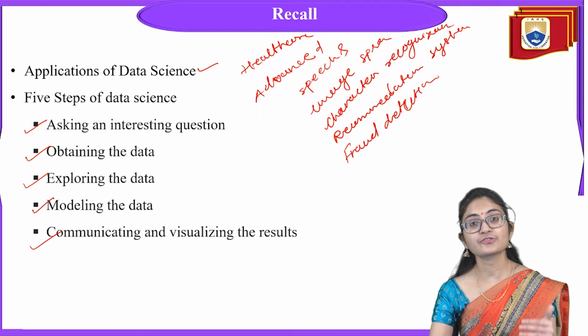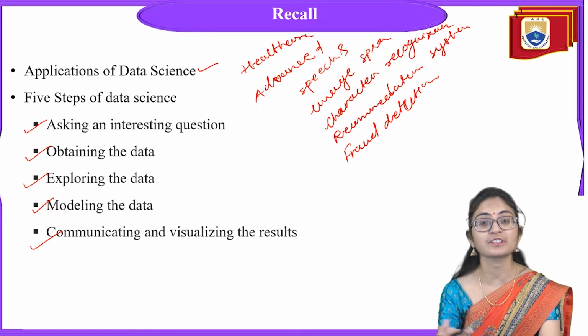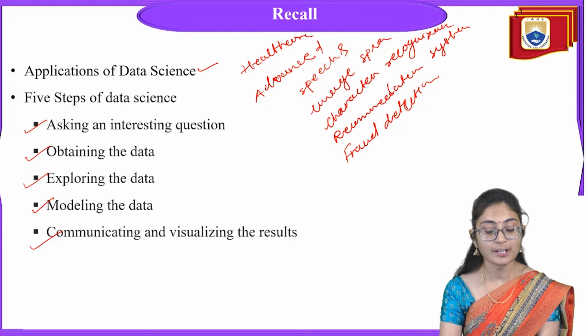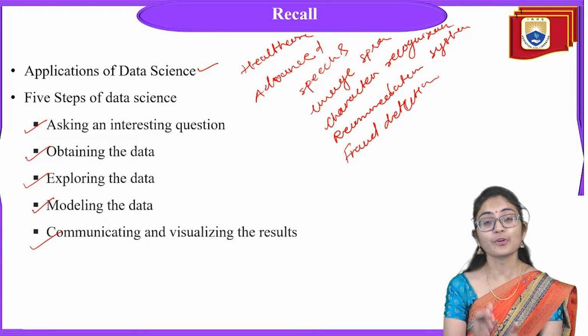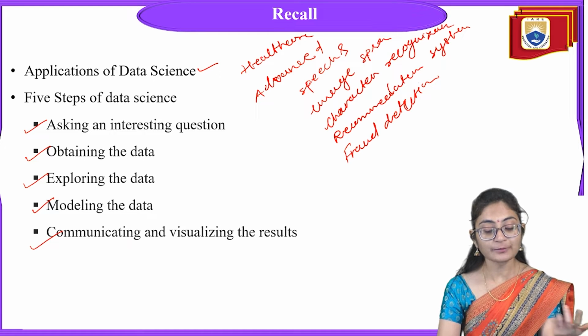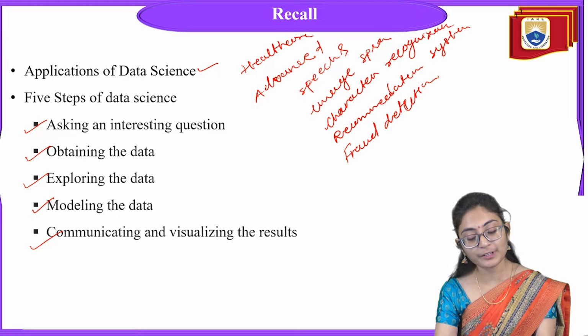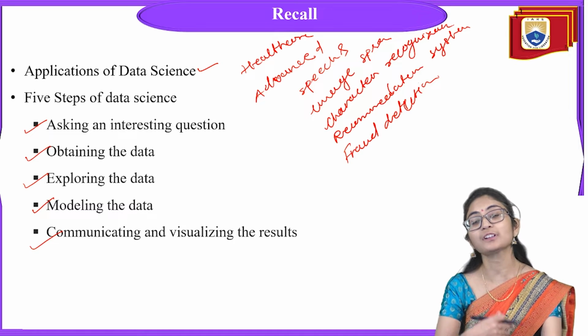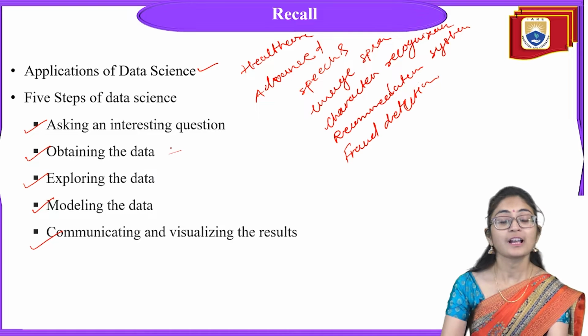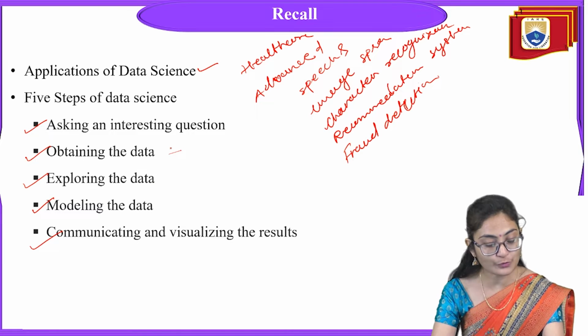That means first you have to ask yourself an interesting question: which type of data you need, what will happen after collecting the data, and what output you want to get. After that, obtaining data, you have to collect the data from different sources.